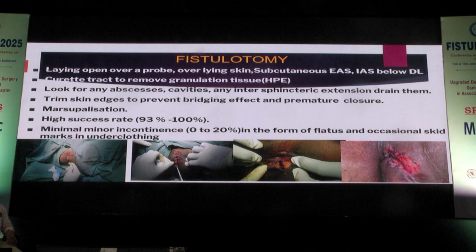Trim the skin edges to prevent the bridging effect and premature closure. Marsupialization is done to decrease the area of the raw surface of the fistula. This has a high success rate, approximately 93 to 100%, and minimal minor incontinence, 0 to 20%, in the form of flatus and occasionally skid marks in the underclothing.